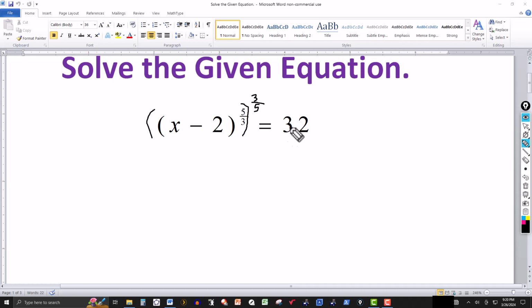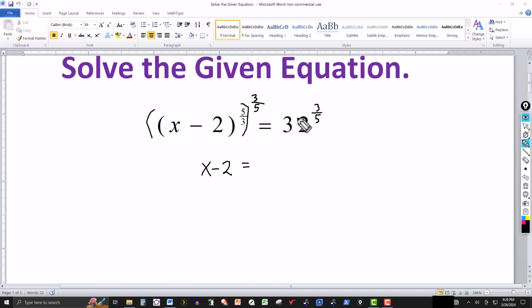We can do that as long as we do it to the right side. Laws of exponents, we multiply here. 3/5 times 5/3 gives me 1. So the left side comes out to x minus 2 to the 1st power, or just x minus 2.